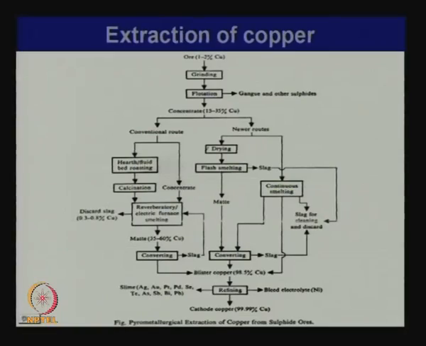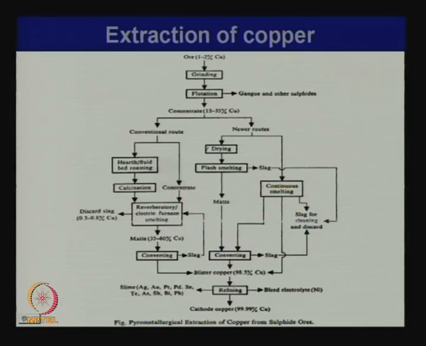Here we are doing differential flotation only to get the copper sulphide mineral floating out, while other gangue and other sulphides are not floated. So, the conditions are so maintained. We will start now with a concentrate which contains as sulphide 15 to 35% copper. This is the starting material.